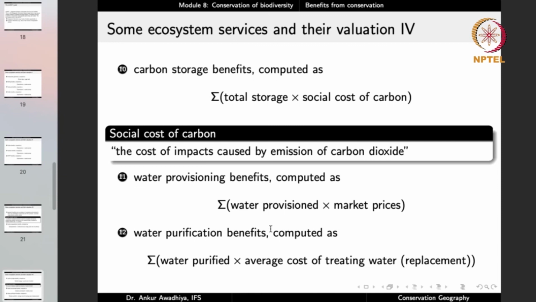Similarly, we can look at water purification benefits: the amount of water purified multiplied by the average cost of treating water by doing a replacement. So if the water was not being purified by the forest or by the wetlands, then perhaps we would have needed to set up a water purification facility.